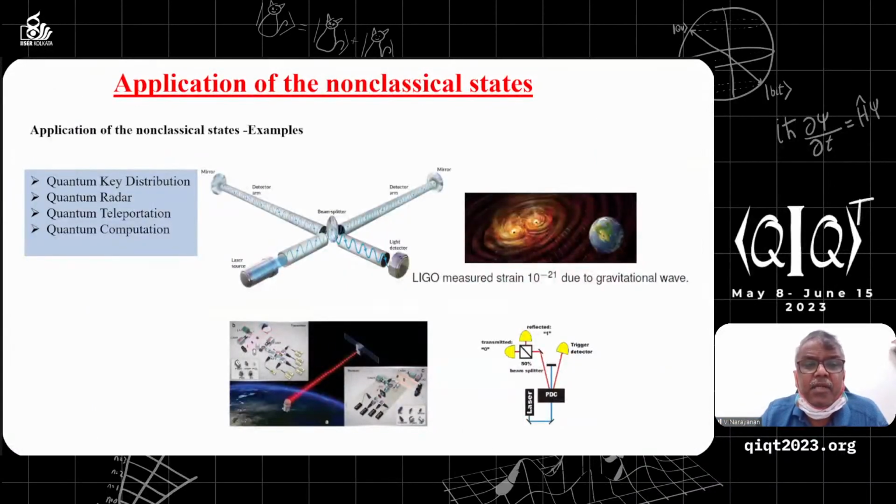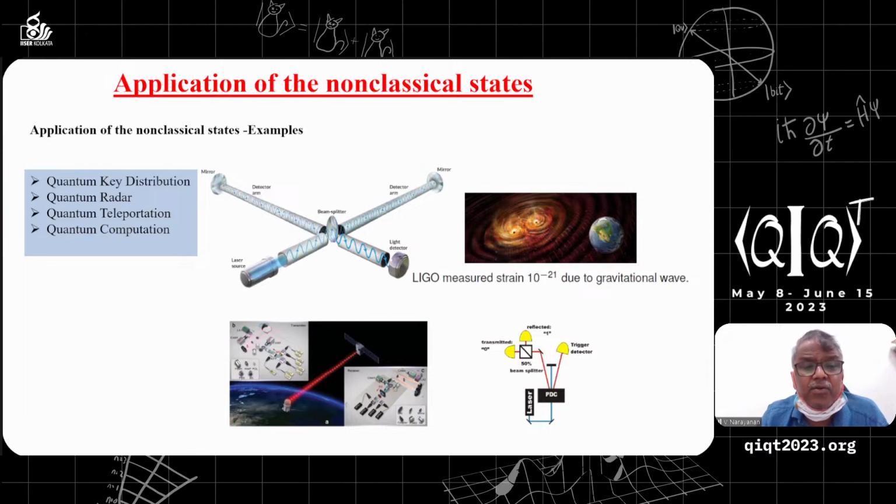So the applications include, for example, LIGO, which uses another special kind of light, a non-classical light, which is a squeezed state, to see the gravitational waves, which is on the top. At the bottom, you have QKD, where various countries are able to establish the quantum key using satellite QKD. And on the bottom right, you are able to see the parametric down conversion, which I will be speaking about.